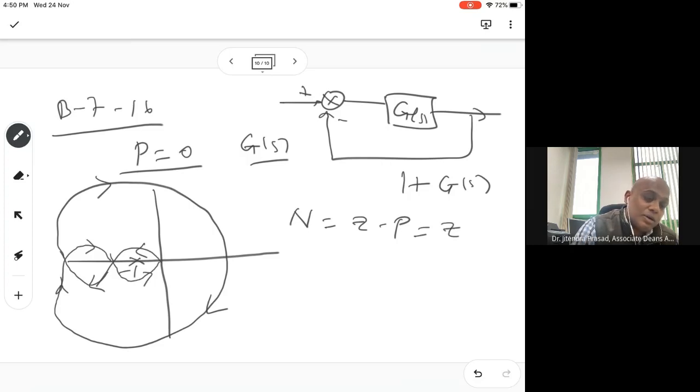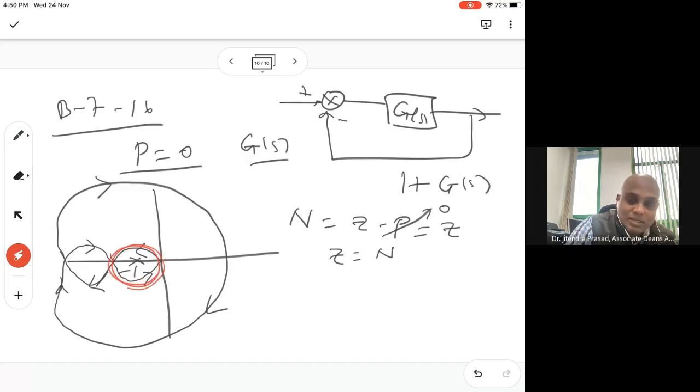Now Z equal to N, where N has to be the clockwise loops around -1. If you see here, this one is anti-clockwise, so this becomes -1.